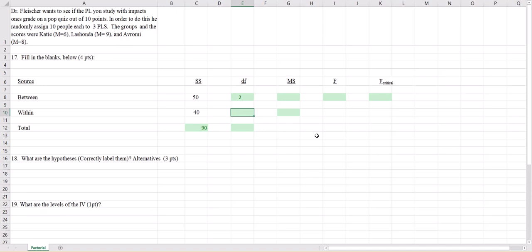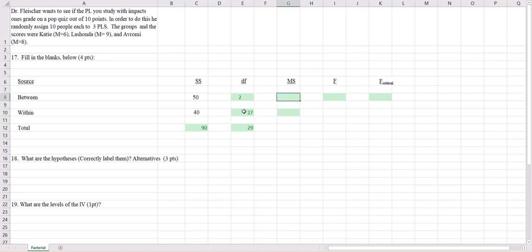We have within, which is going to be how many people total we have, minus the number of groups. So we're going to have 30, because there's 3 groups of 10, minus 3. It's going to be 27. Our total is going to be large N, which is still 30, minus 1, which is going to be 29.